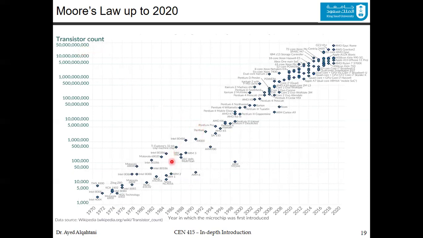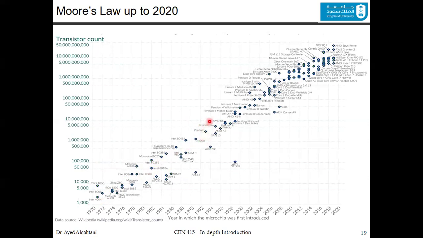Some of the examples that we talked about: this is the Intel 4004 at that time. From that, Intel developed more processors up to the 8088, 8086, and more versions. The Pentium was very famous in the 90s.